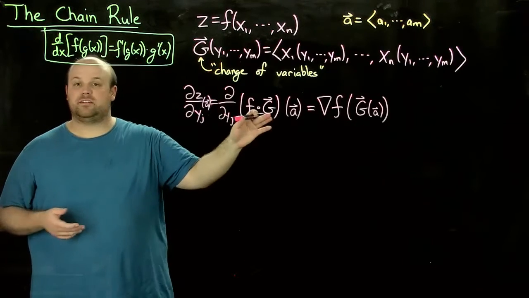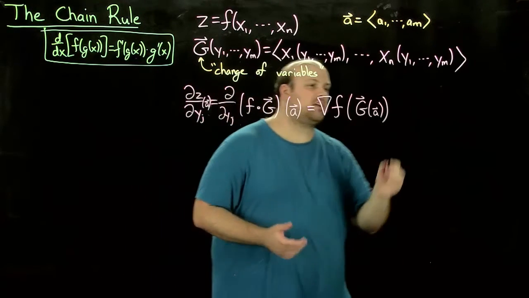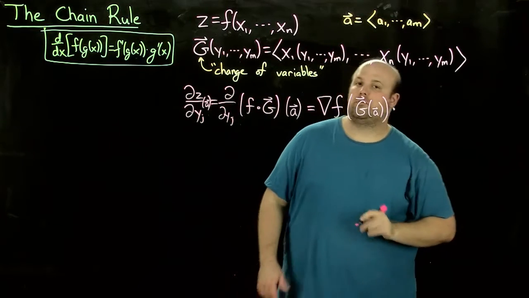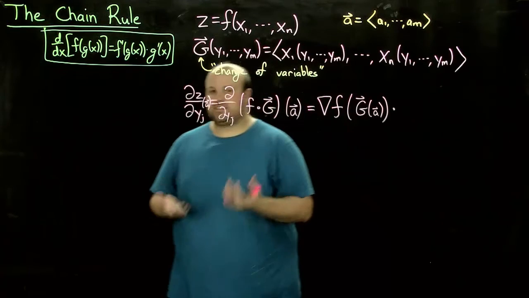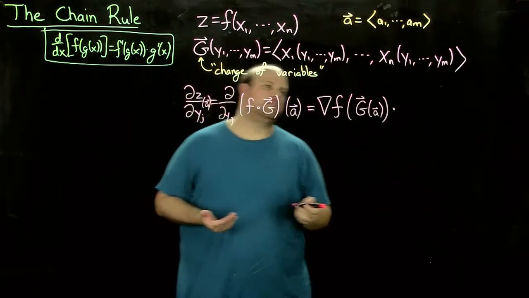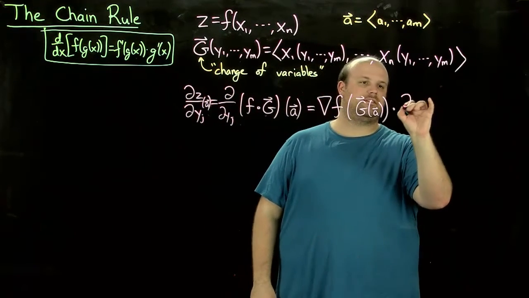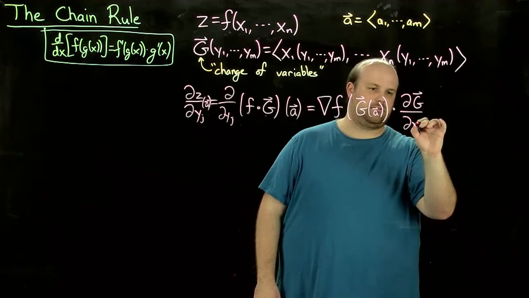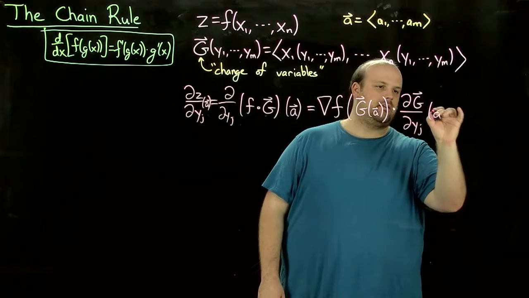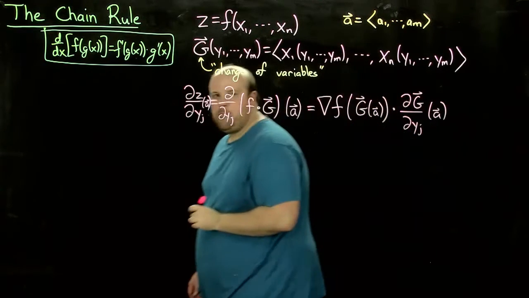So that means this should be a dot product over here. So we're going to have a dot product with the derivative of the inside function, the g. So what is that derivative? Well, it's the partial derivative of g with respect to yj. And that's also at a.